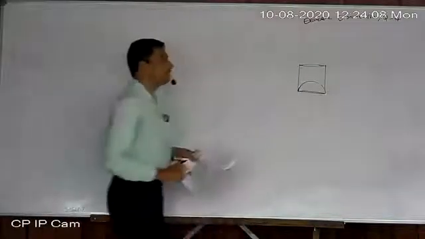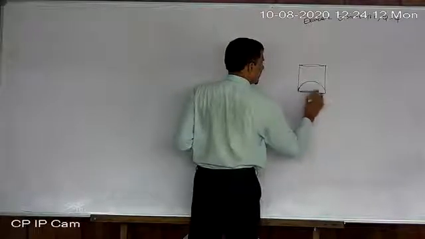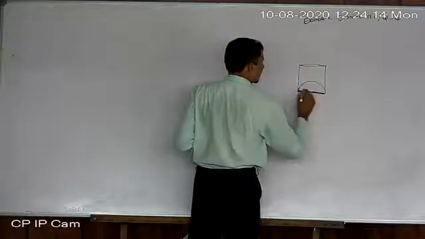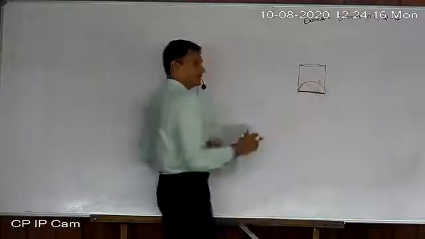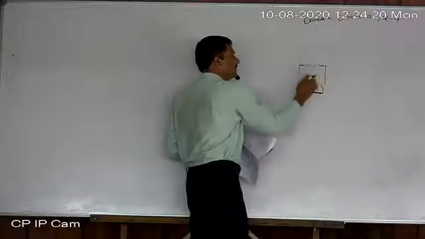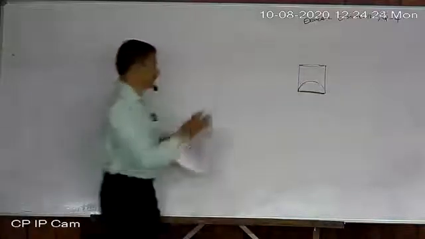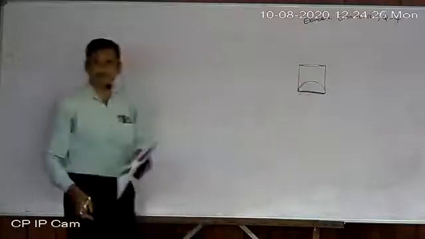Now they fill from here. This part is closed, this is the solid part. So if you pour something from here, it will occupy this space only. This is a depressed part, so nothing is there inside of that.